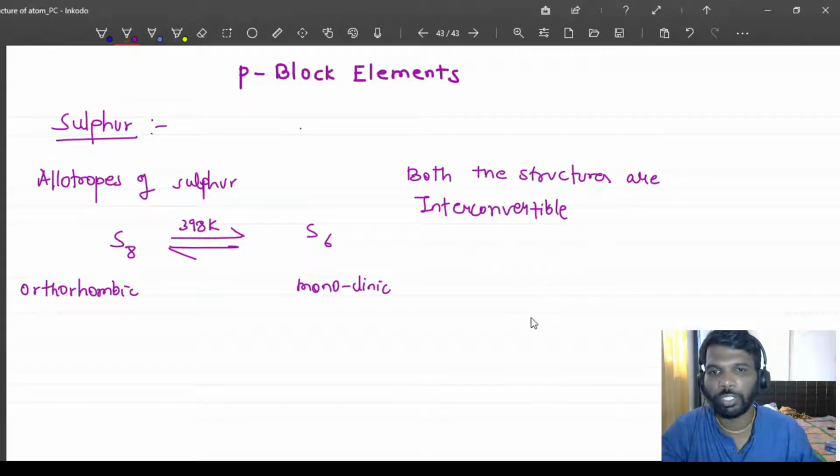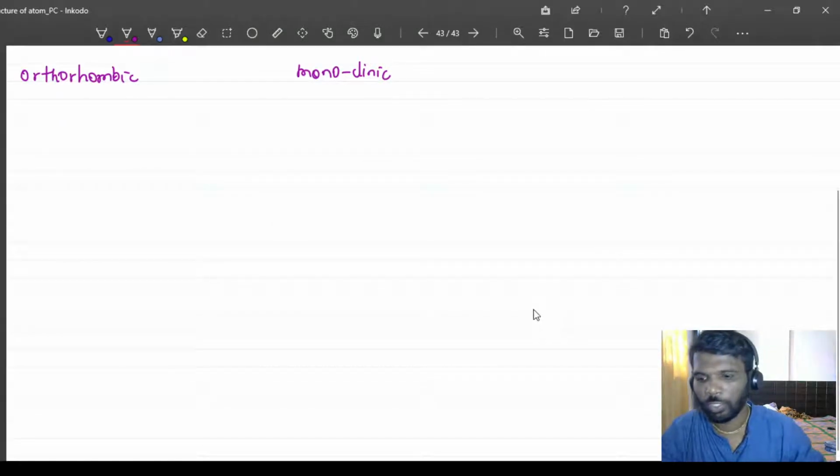With respect to structures, let's talk about the S8. Sulfur is connected in this way. This is the sulfur, then sulfur.